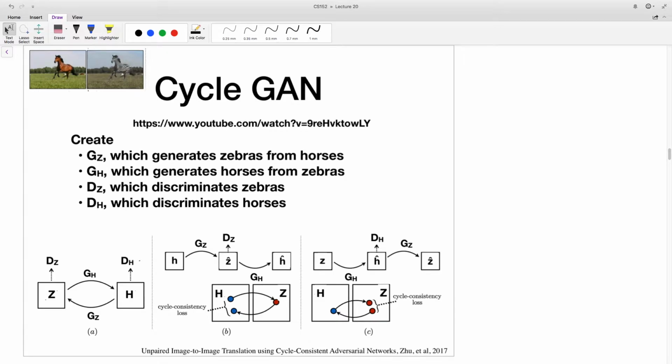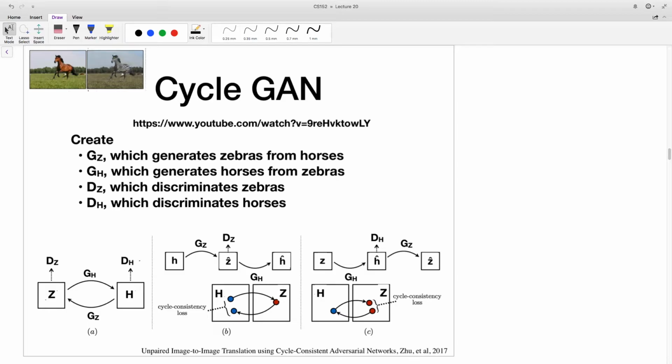So remember, we're trying to turn horses into zebras, keeping all the background the same. And the way we're going to do that is we're going to have a horse generator, G sub H, that takes zebras and creates horses, and a zebra generator that turns horses into zebras, and keeps everything else the same.